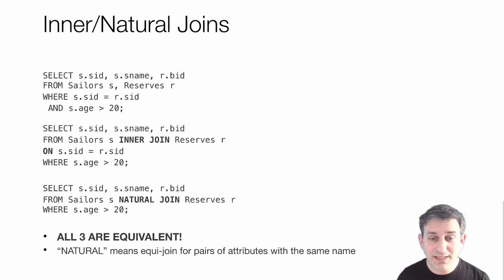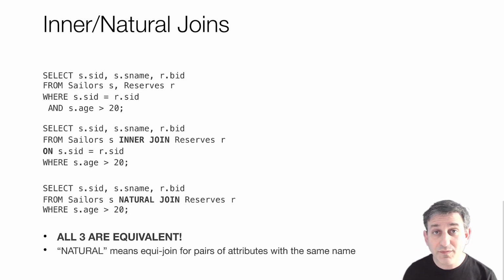And so implicitly, natural join is the same as inner join on s.sid equals r.sid, because those are the column names that match across sailors and reserves. If there had been other columns across sailors and reserves that were common, that had the same name, then the natural join would have included those as well. So be careful using natural join. It's going to pick up all the matching column names across the two tables and add them to the inner join's on clause, essentially. Okay?